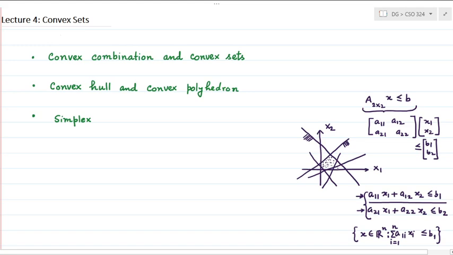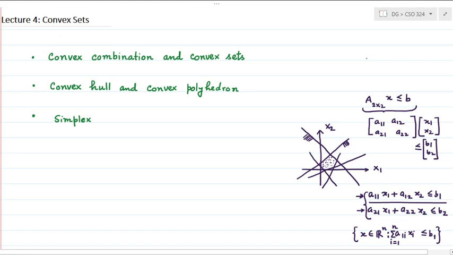So geometrically, the feasible set of a linear programming problem, it is a standing assumption in our lectures that we are referring to the standard form of the linear programming problem.